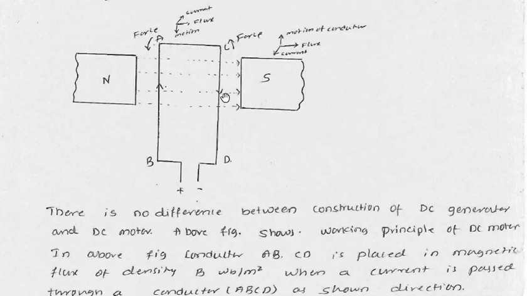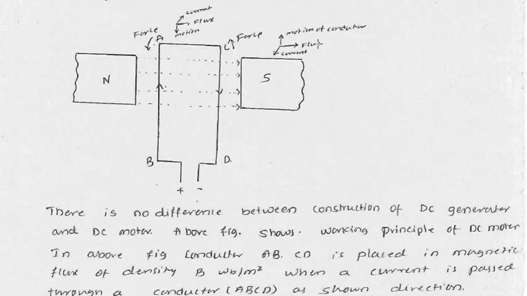Similarly, if we check the direction of motion for conductor CD, the forefinger will be in the same direction, that is, from the screen, from left to right, and the direction of current is this side. So you point your middle finger in the direction of the current, then the thumb will be pointing to the direction of the force.